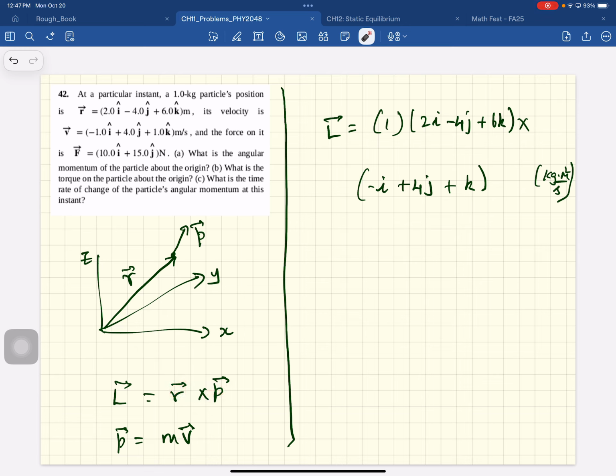All right, so now it's just a matter of finding these cross products.